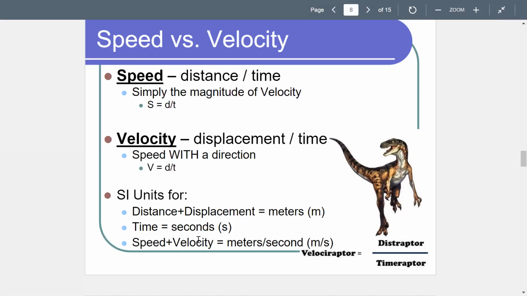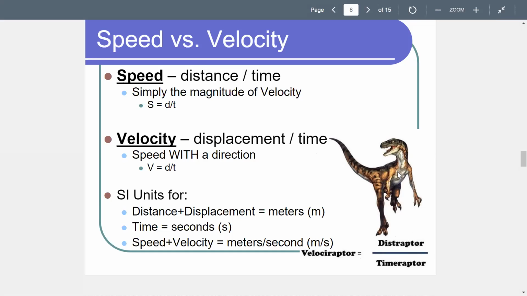And then speed and velocity, because they are either distance over time or displacement over time, distance and displacement both have meters as their unit, and time has seconds as its unit. So speed and velocity are going to have the units of meters per second, which is m over s. You could write it in a sideways fashion, or you could have it as a fraction of m over s. Either one works. It means the same thing.